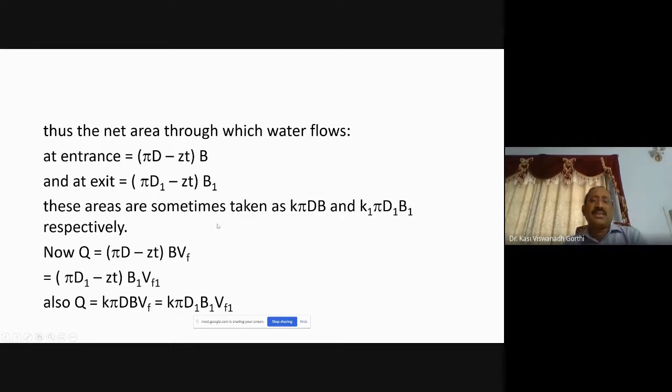So these areas are sometimes taken as K pi D B and K1 pi D1 B1 respectively. So Q is equal to pi D minus ZT into B into Vf, or pi D1 minus ZT into B1 into Vf1, which may be taken to be equal to K pi D B Vf or K1 pi D1 B1 Vf1.